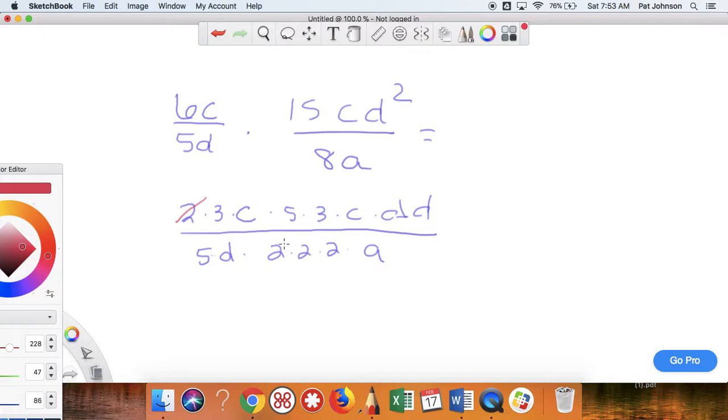Our 2's cancel out. We have a 5 that cancels out, a d that cancels out, nothing else. So what are we left with here? We're left with 9c squared d all over 4a. Okay, that's as far as you can go.